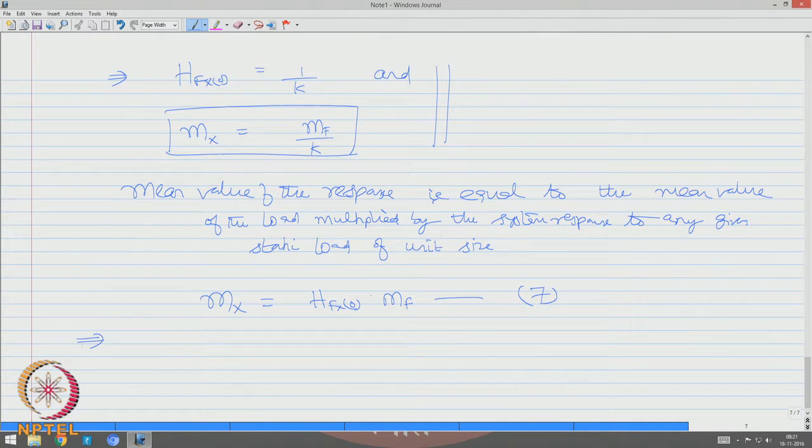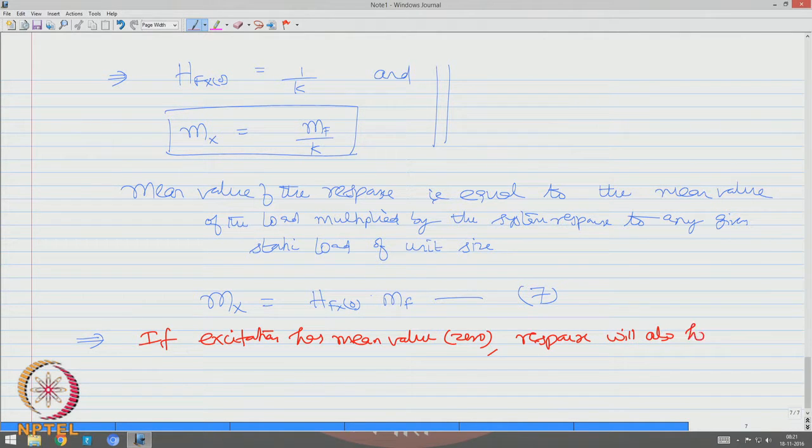So, this implies a very important observation: if the excitation has a mean value 0, the response will also have 0 mean value.